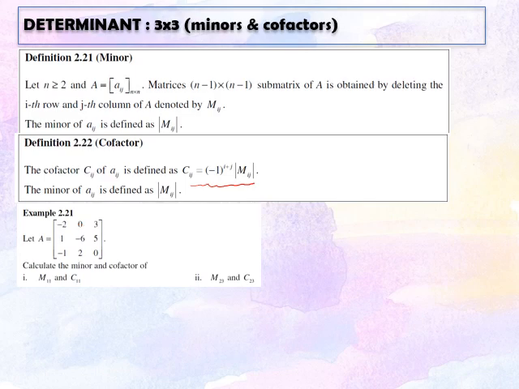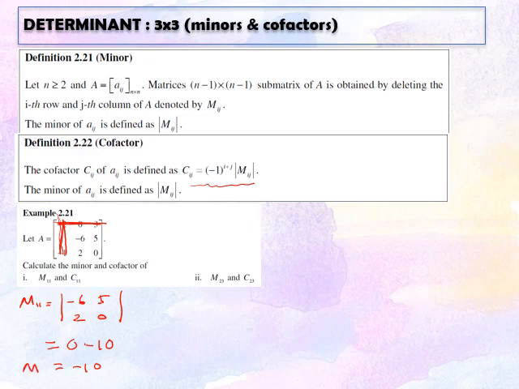We look at the example now. Calculate the minor and cofactor. First, M11. Here is row 1, here is column 1. So M11 is equal to the determinant of negative 6, 5, 2, 0. You have learned how to find the determinant of a 2 by 2 matrix, right? So it's 0 minus 10, which is negative 10. So M11 is equal to negative 10.